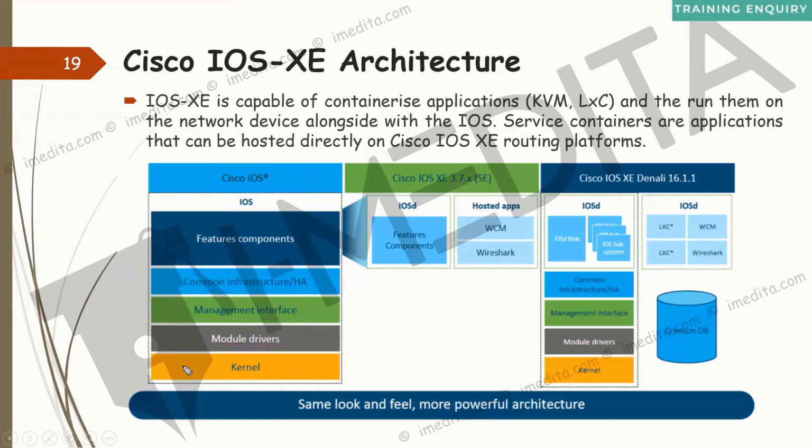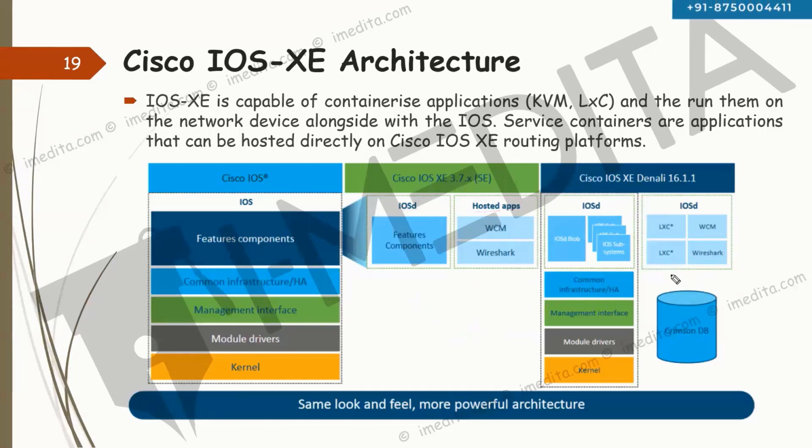In IOS XE, it is possible to run the operating system as well as other hosted applications, such as, for example, Wireshark within the box itself. The complete IOS functionalities are there, but in addition to that, we can run different types of hosted applications on the same box.